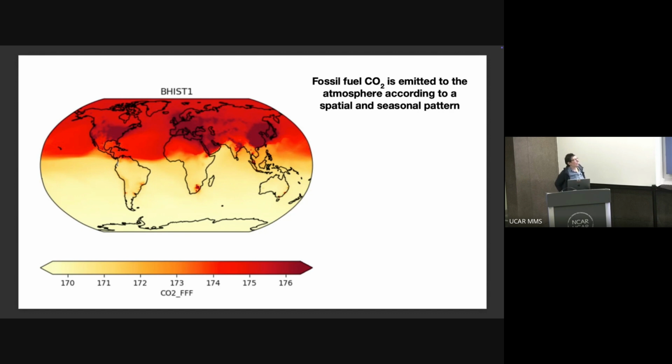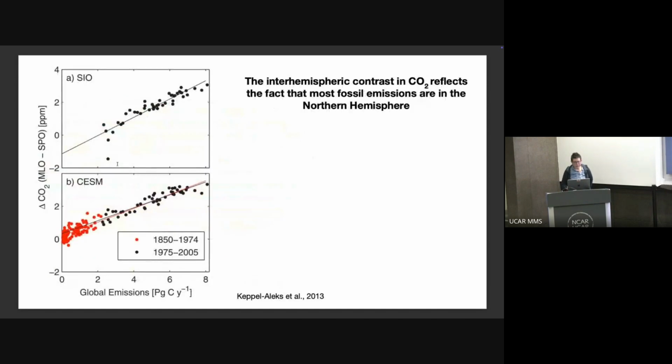You can see that it's higher over Eastern United States, Western Europe, China, areas that we know have a lot of emissions. We see that CO2 is higher in the Northern Hemisphere than in the Southern Hemisphere. And those types of variations can be useful for diagnosing fluxes.